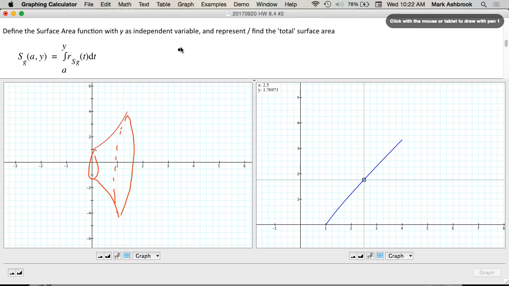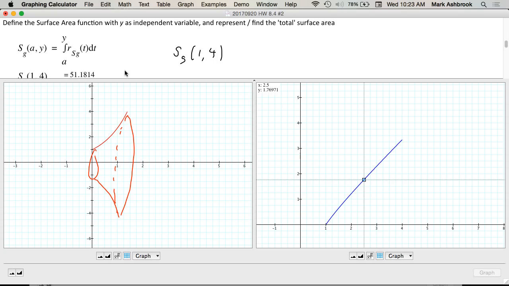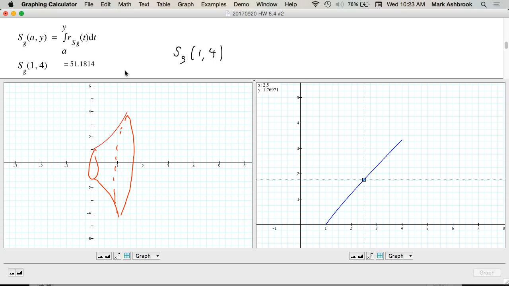It's S of G of 1, comma 4. So starting from 1, because it's in terms of y. The first ribbon has a y value of 1, and the last ribbon has a y value of 4, the largest one. I got 51.18. So that would be how we'd represent the entire bell of the horn that's been cut off there, or the surface area.